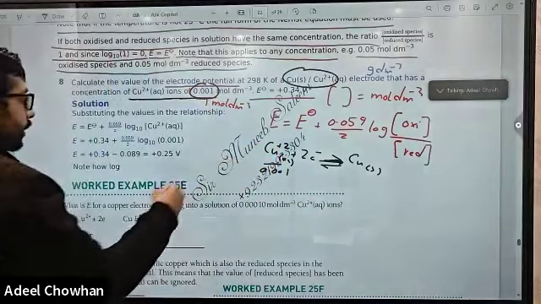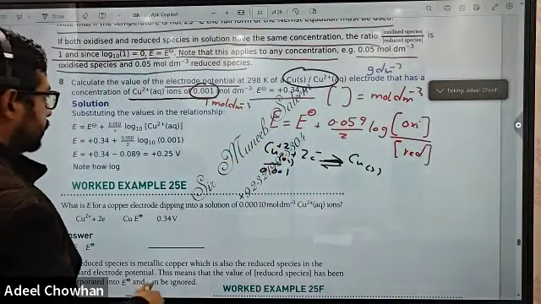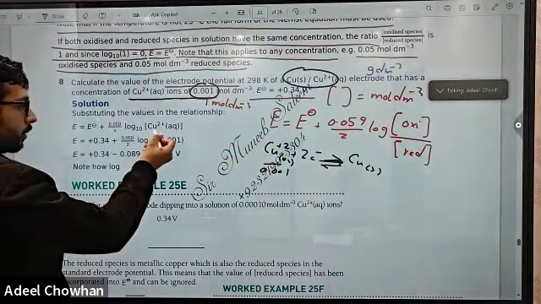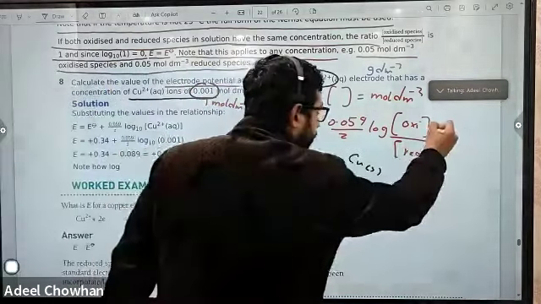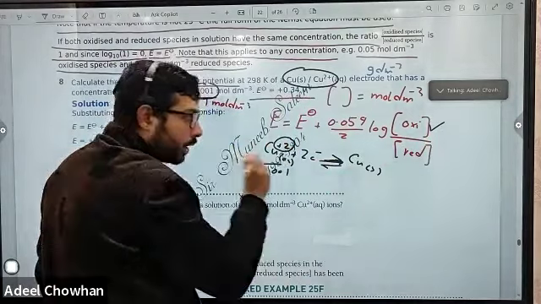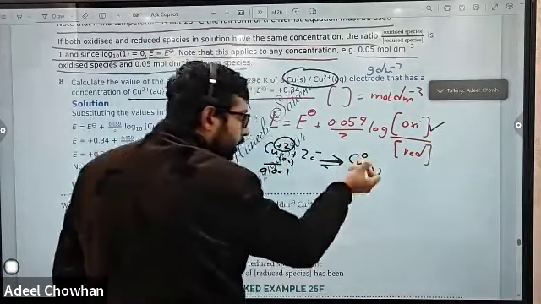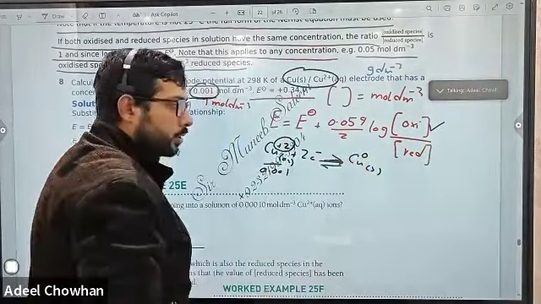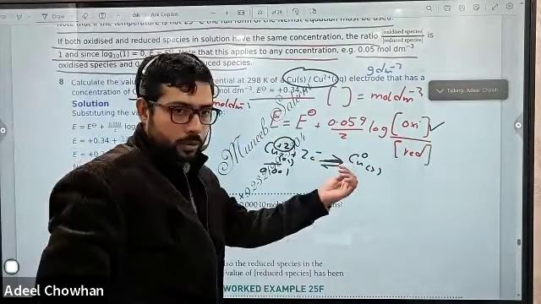So we will reduce this formula to one in which there is only the concentration of the oxidized species. As you can see, this is the oxidized species and the other one is the reduced species, which we can tell on the basis of the oxidation number.